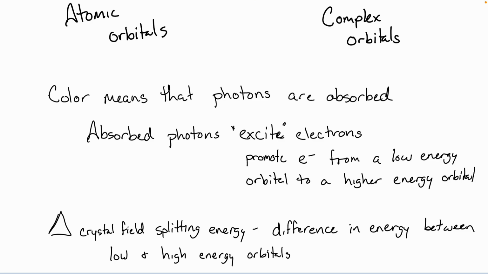All right. And so again, it's like, all right, what the heck? How is this explaining color? Okay. Importantly, the energy of the photon that's absorbed has to be equal to that energy that it gave the electron, right?